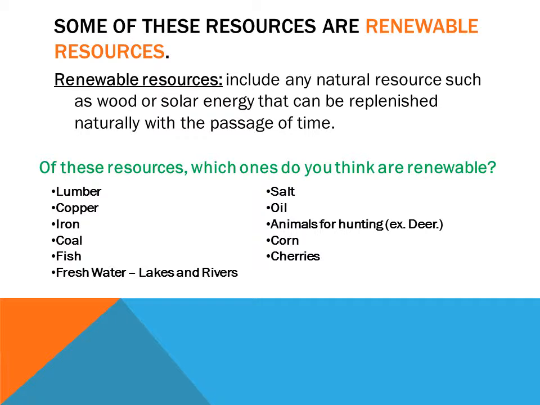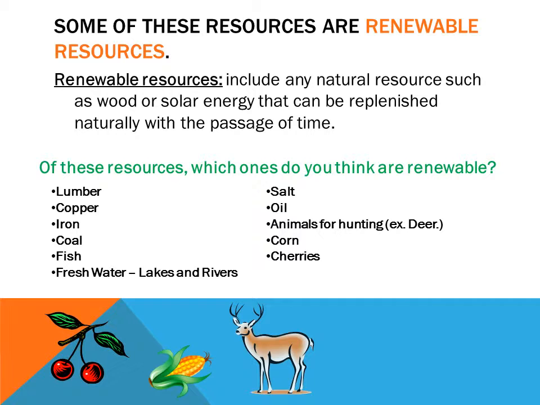Some of these resources are renewable resources. Renewable resources include any natural resource such as wood or solar energy that can be replenished naturally with the passage of time. Of these resources, which ones do you think are renewable? If you take a look at the pictures that appeared on the bottom, those are some examples of the renewable resources.